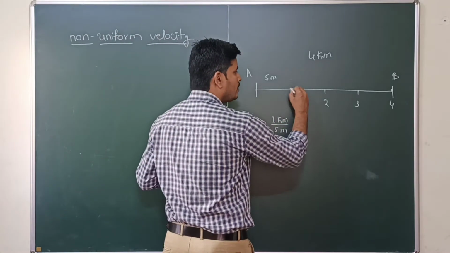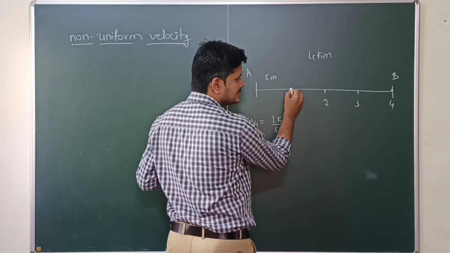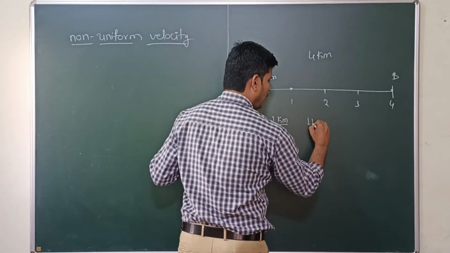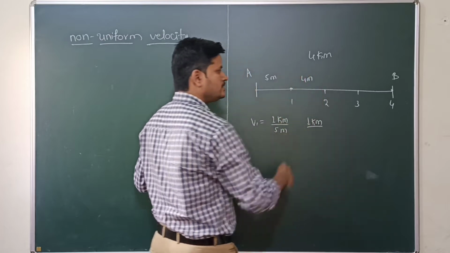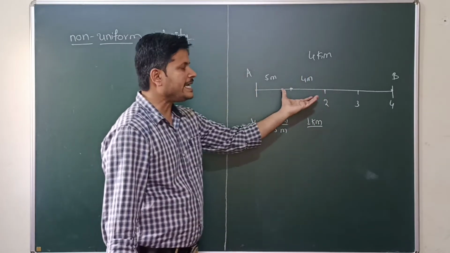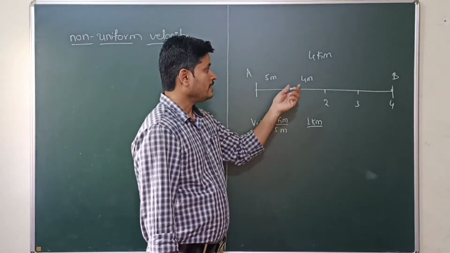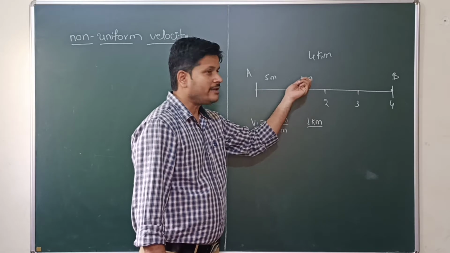The same particle travels the second displacement of 1 kilometer in a time of 4 minutes. The displacement remains the same, but it takes 4 minutes.